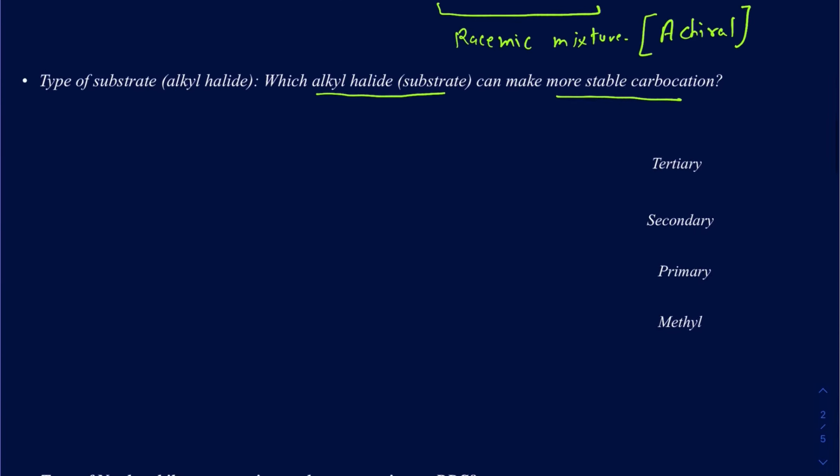And in terms of secondaries, tertiaries, primaries, and methyl, we know your tertiary carbocations are going to be the most stable. So let's talk about the stability. So this is going to be the most stable, followed by your secondaries, which are a little bit less stable, and then your primaries are much less stable, and then your methyls are even less stable than the other carbocations.